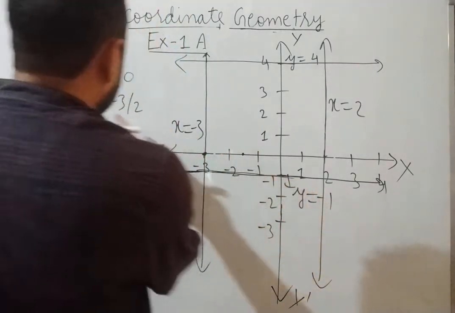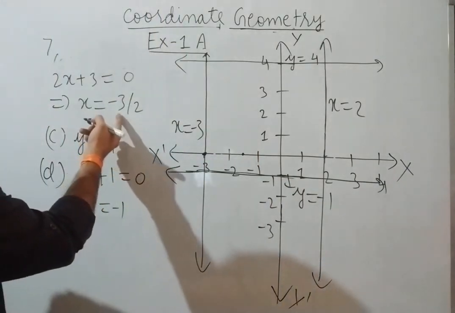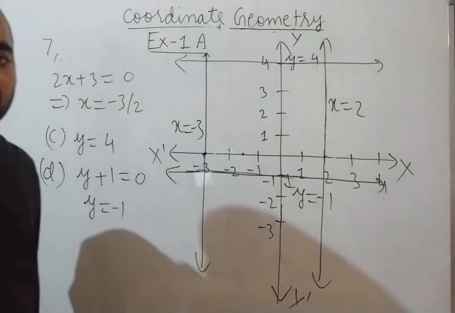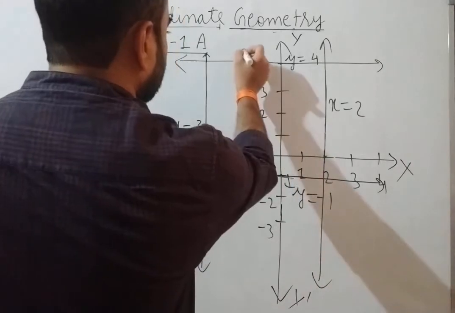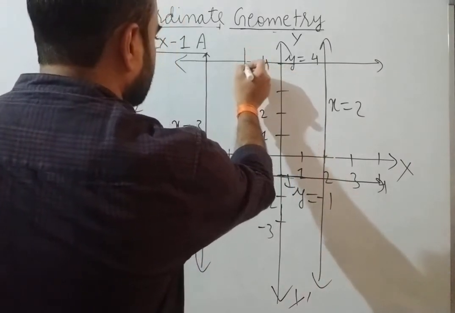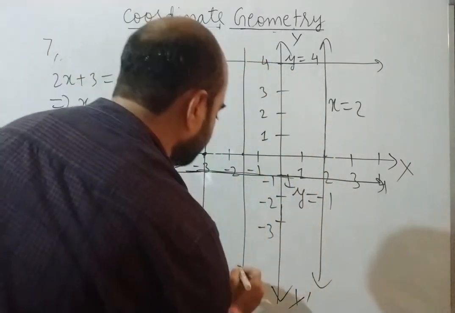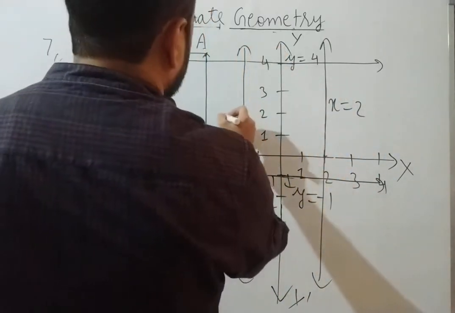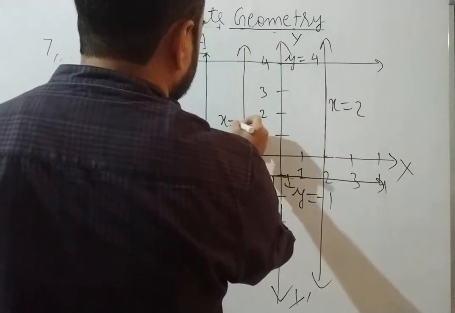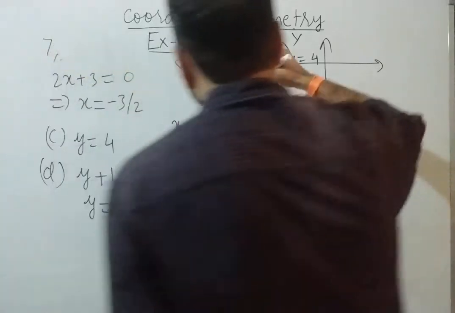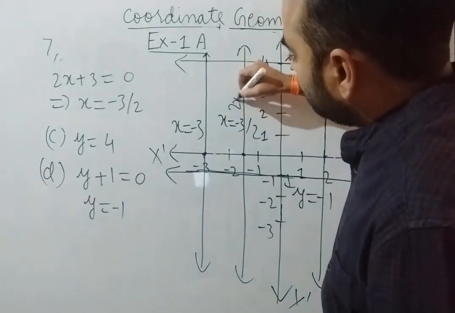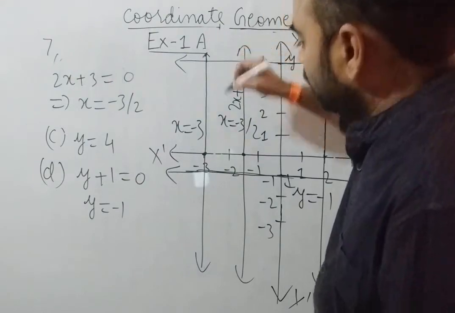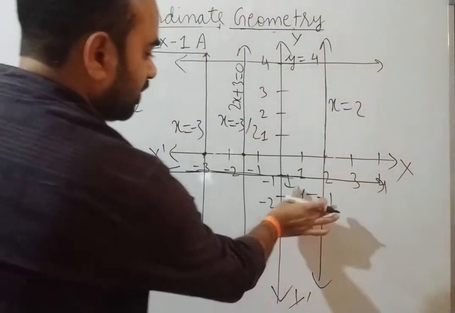Now x value means the line will pass through this point but parallel to y axis. It means this is the line, not very straight, but this is the line. X is equal to minus 3 by 2 or 2x plus 3 equal to 0.